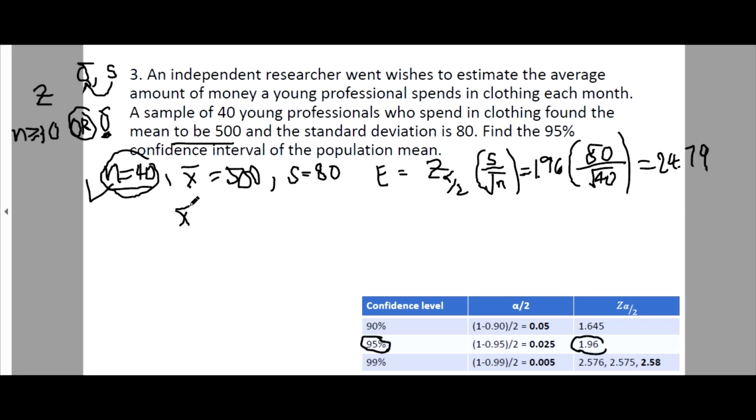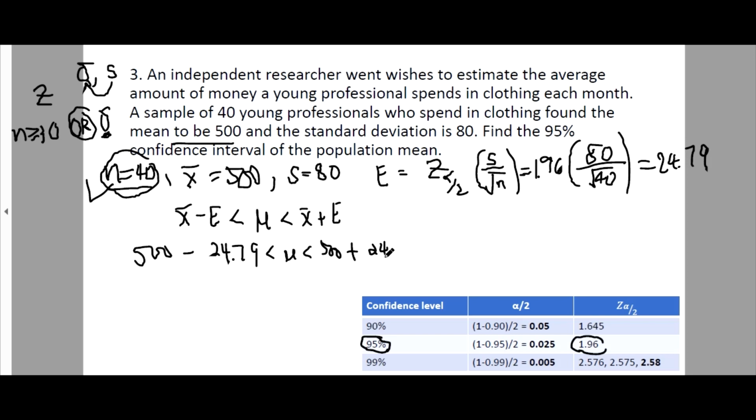So therefore, this is our interval. So our sample mean is 500, minus 24.79. And on the right side, our upper limit is 500 plus 24.79. So 500 minus 24.79 is 475.21.